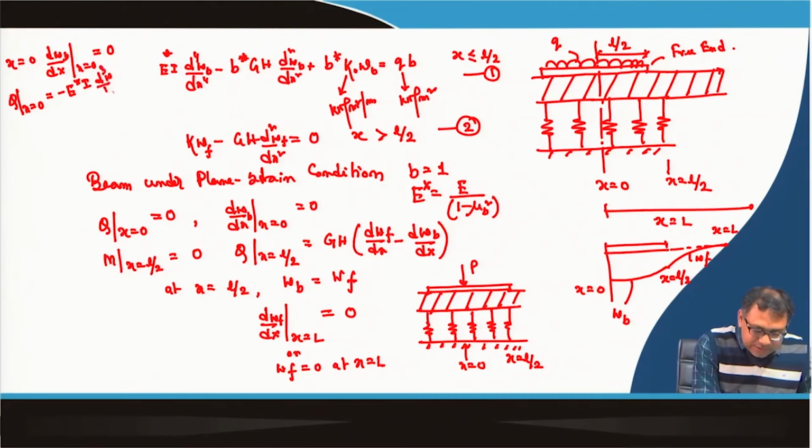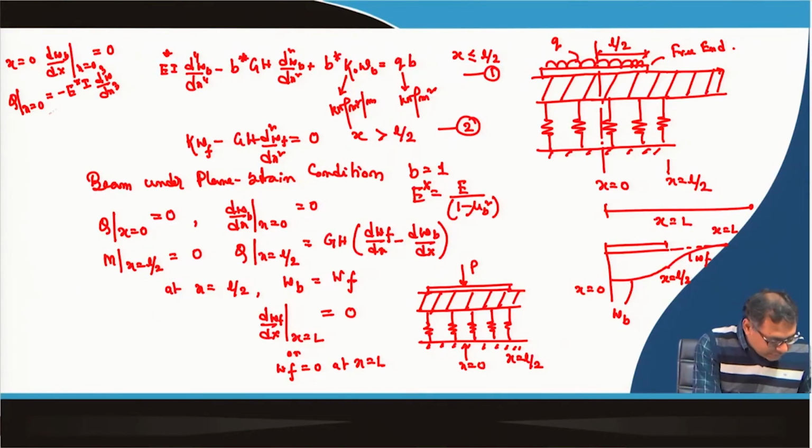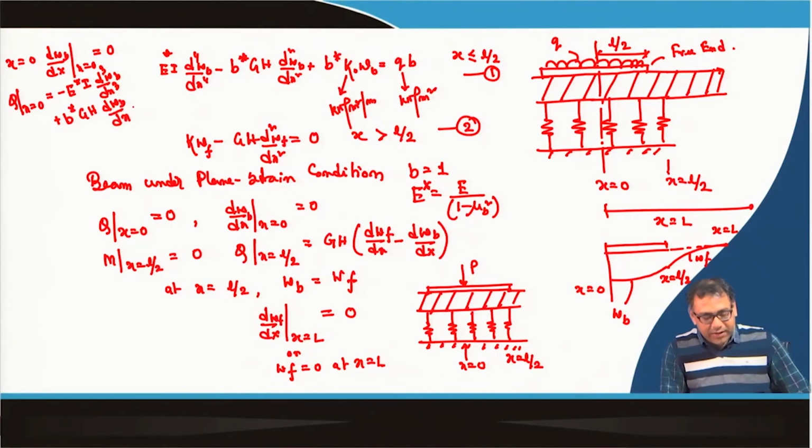d3w/dx3. This is the equation, but this is valid if the beam is resting on a Winkler spring. If the beam is resting on a 2 parameter model, then you have to add further B star GH dWb/dx, because this second contribution is due to the shear layer.